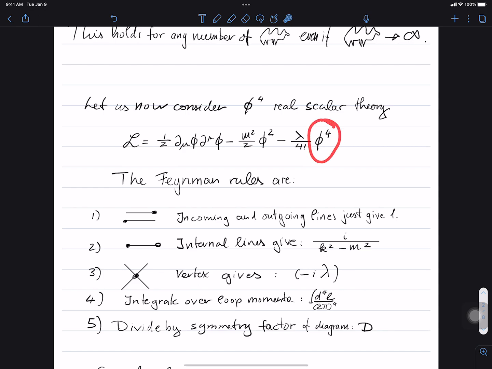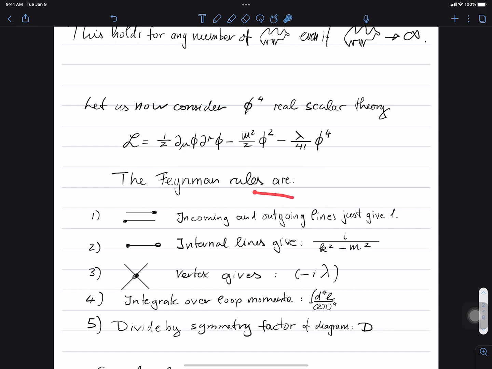And there's an interaction phi to the 4 with the interaction coefficient lambda, which has obviously mass dimension 0. It's just a number. And there's a factor of 4 factorial in this coupling to account for the exchange of the external lines, the symmetry of the vertices.